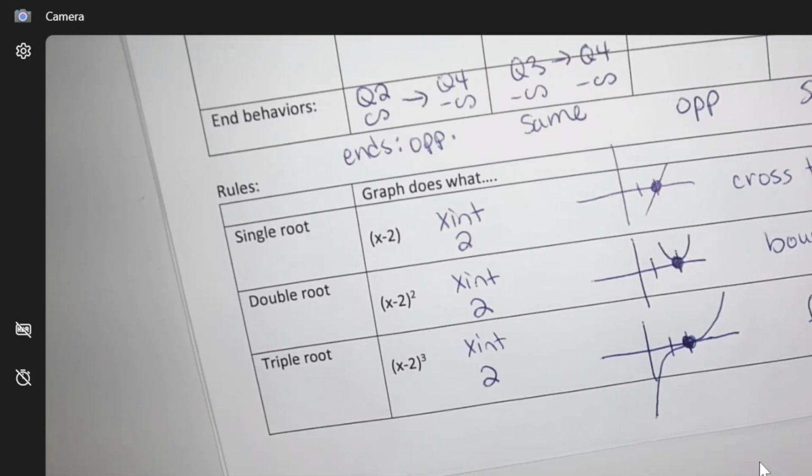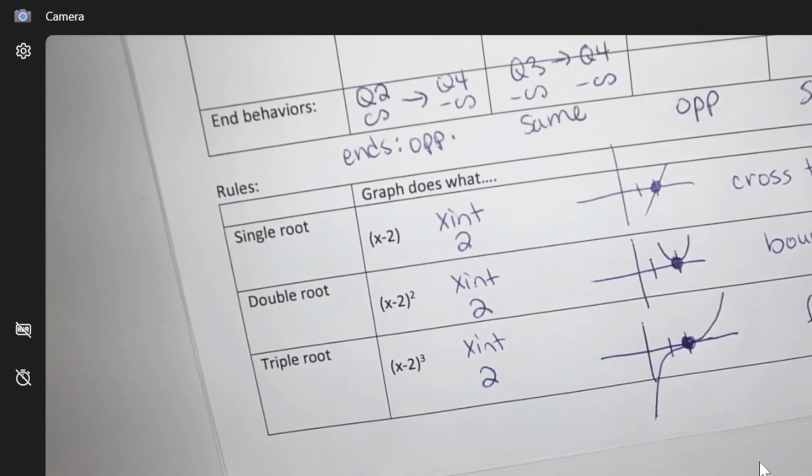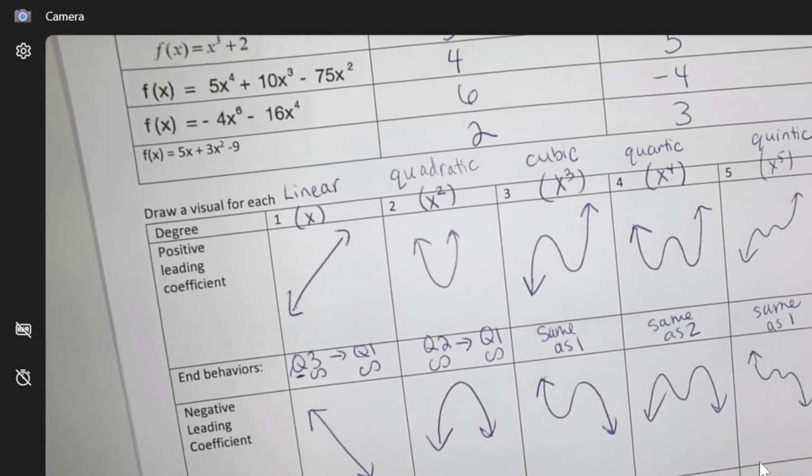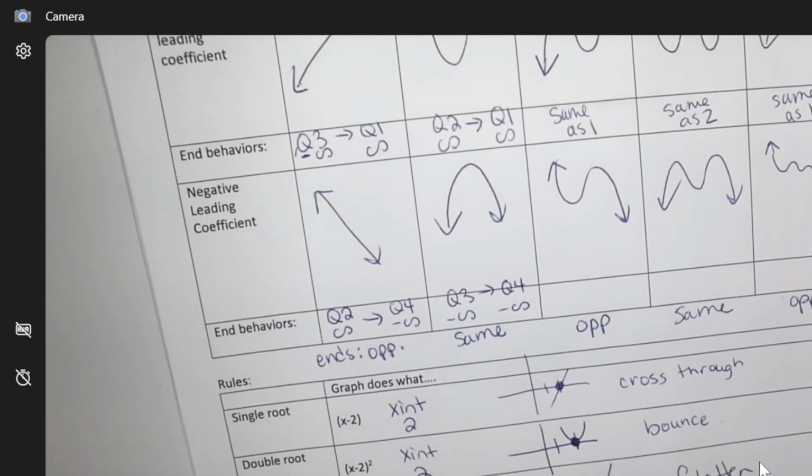So if it happens just once, you just go right through it. If it happens twice, you bounce off of it. And if it happens 3 times, you have to flatten as you go through. Okay, you know how to do this whole unit basically now. This is it. You got your shapes and your 3 rules. That's it. Now you can do anything.